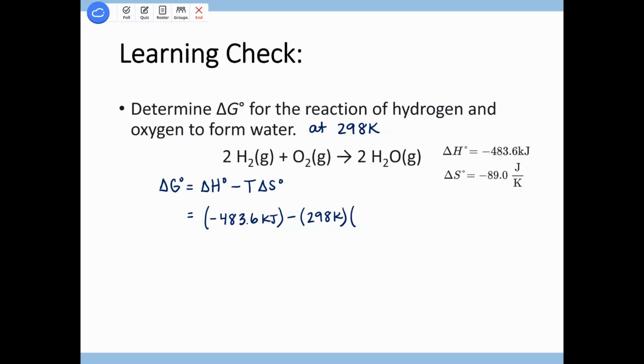Now I have to be careful with our units here. Delta H values, usually if they're provided to you, they're in kilojoule units. Delta S values are usually in joules. So again, be careful with your units. Let's convert joules to kilojoules.